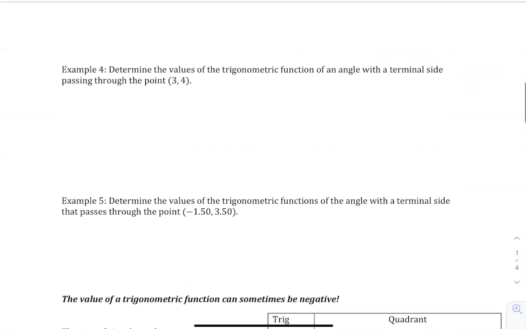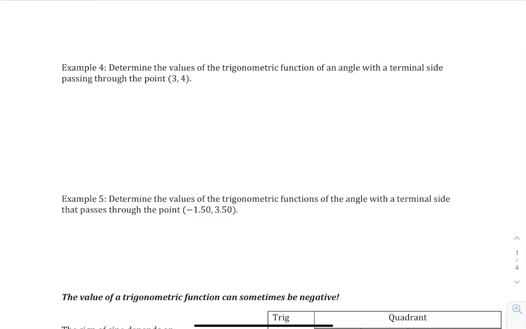So let's see how this would look in an example problem. So instead of us having a right triangle, instead we have an angle that we know goes through the point 3, 4. So remember, with ordered pairs, you travel on the x-axis first and then on the y-axis. So I go 3 units to the right for positive 3, and then 4 units up for positive 4.